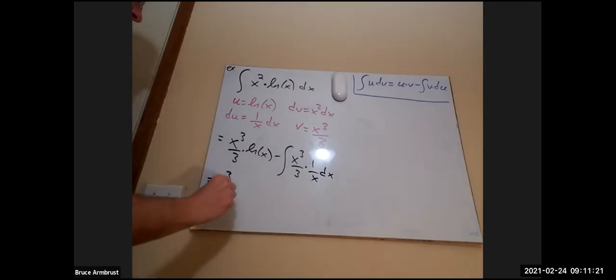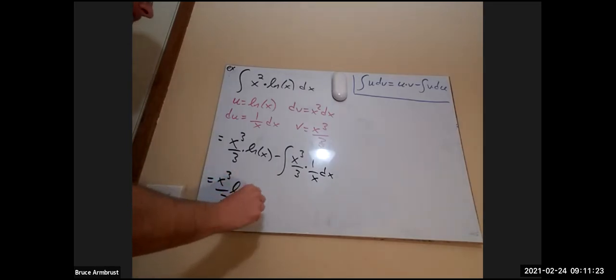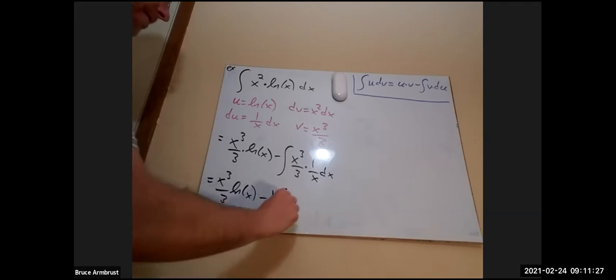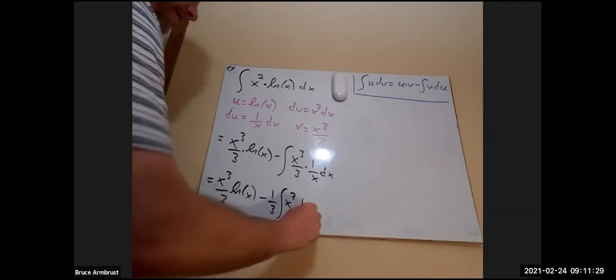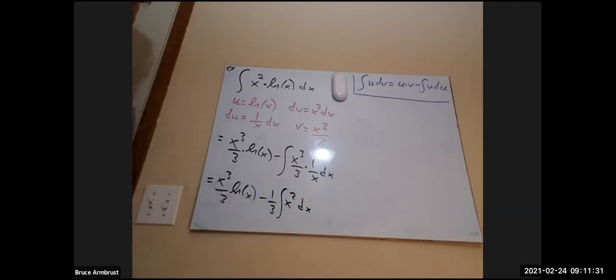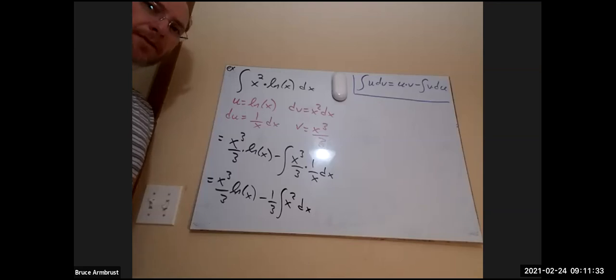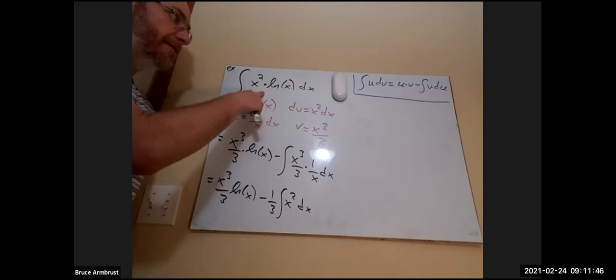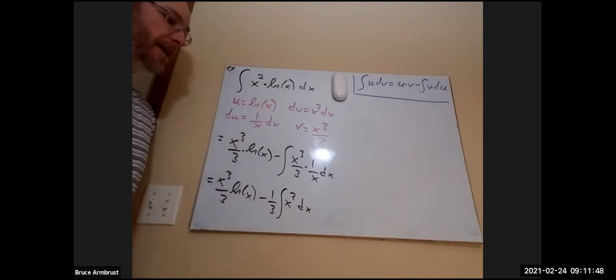So we've got x cubed over 3 log x minus, let me simplify this a little bit, 1/3 the integral of x squared. I'm going to pause here for a second, a chance to catch up. And also, just to point out again, we traded out integrals, right? We had the integral of x squared natural log, and now we have just the integral of x squared.